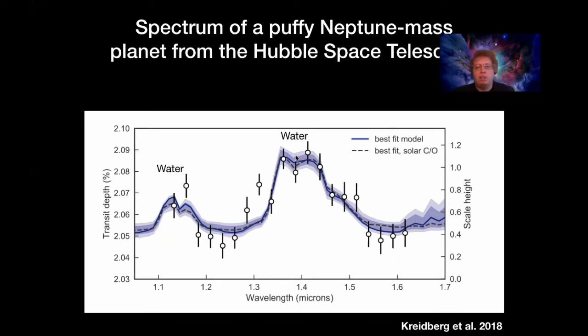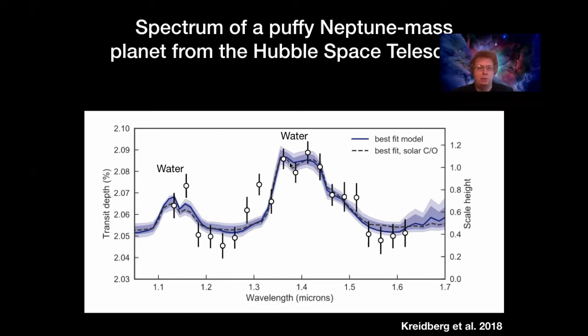At this peak up here, the transit depth is about 2.085%. So only 3% of 1% difference in transit depth is this large feature here. So that's an incredibly precise measurement to make.